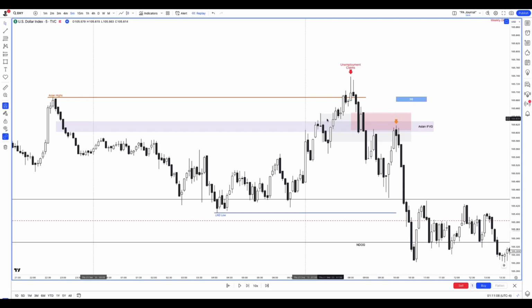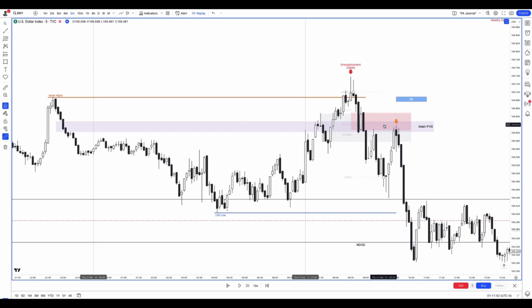So I was looking for the mitigation block, and then I was looking for price to return back into a premium. So whenever I'm drawing out optimal trade entry, my entries are not a specific range, I like to use the bodies. So you can see the bodies here.